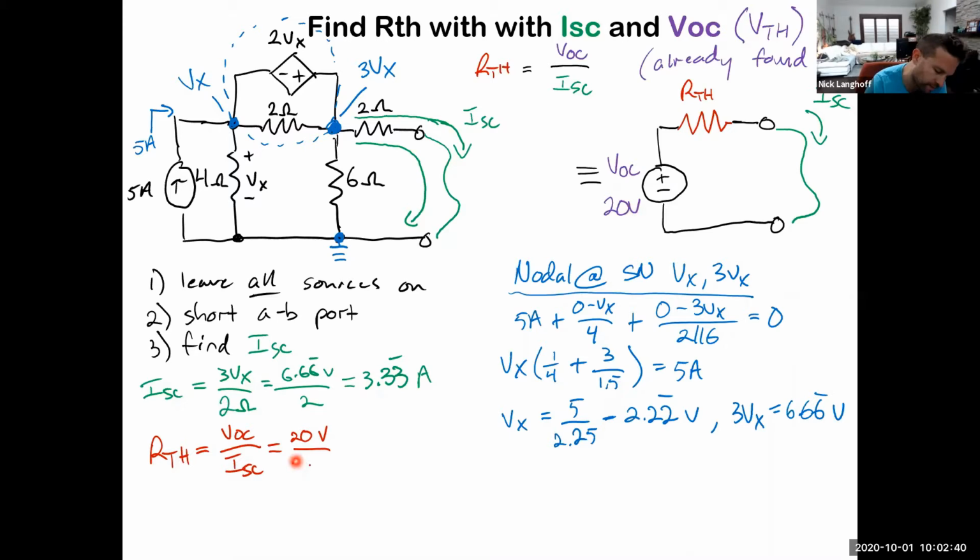And then this is divided by 3.33 repeating amps, which gives an even 6 ohms. And so there we have completed Thevenizing the circuit by finding ISC, the short circuit current, and then taking VOC, the open circuit voltage, divided by ISC, and that gave us our R Thevenin.